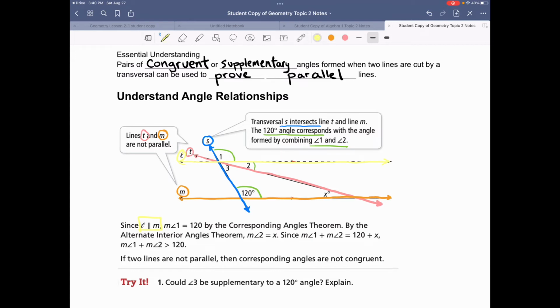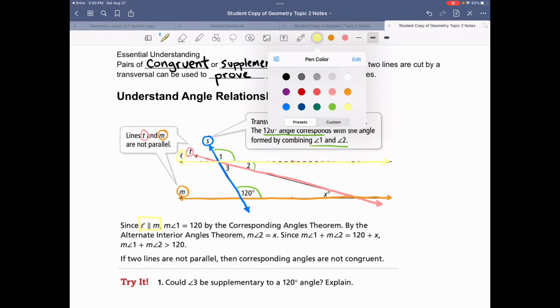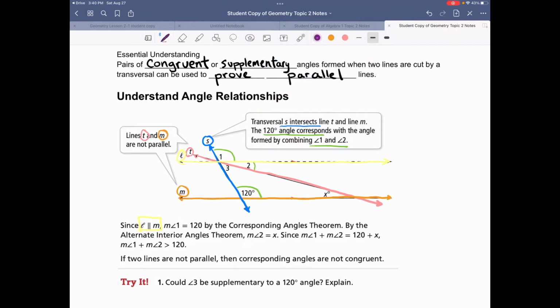I'm running out of colors. The measure of angle 1 is 120 degrees by the corresponding angle theorem. So angle 1 is also 120 degrees.